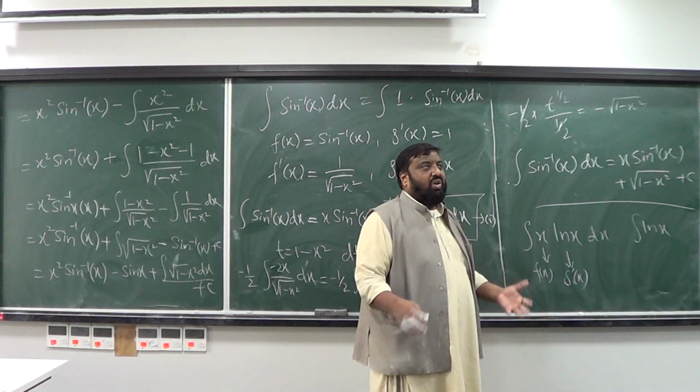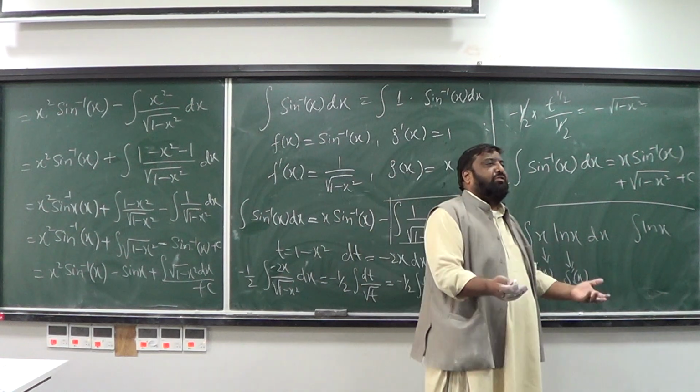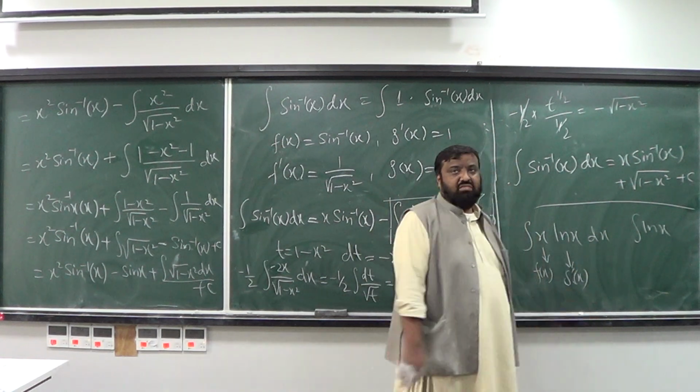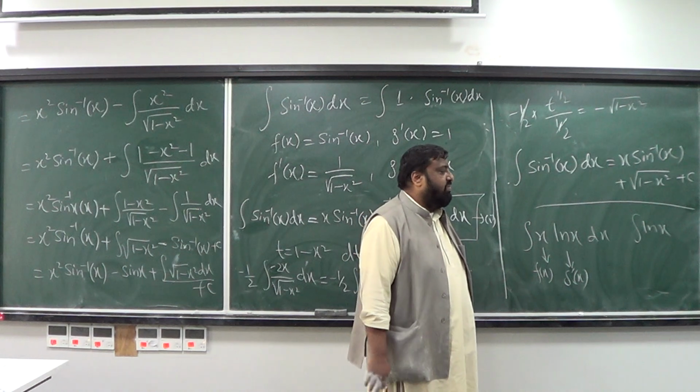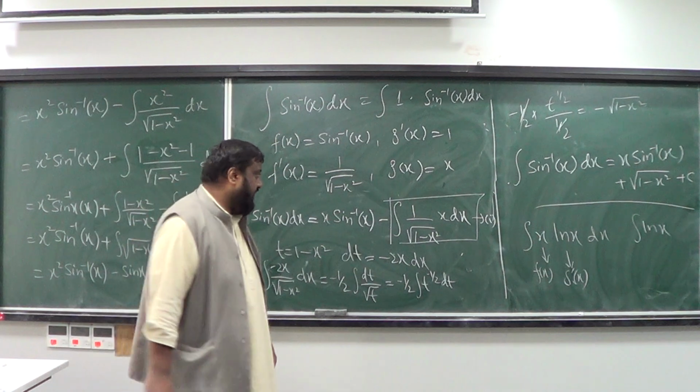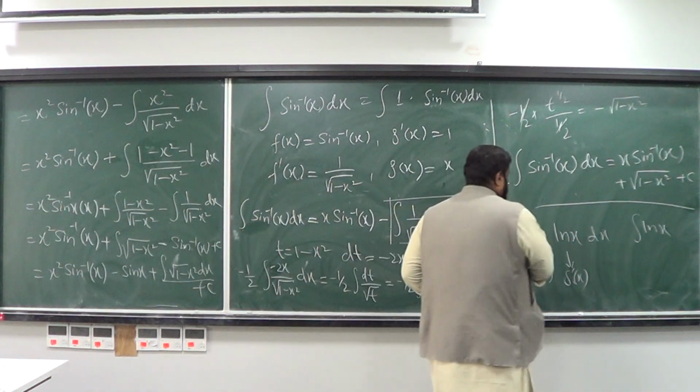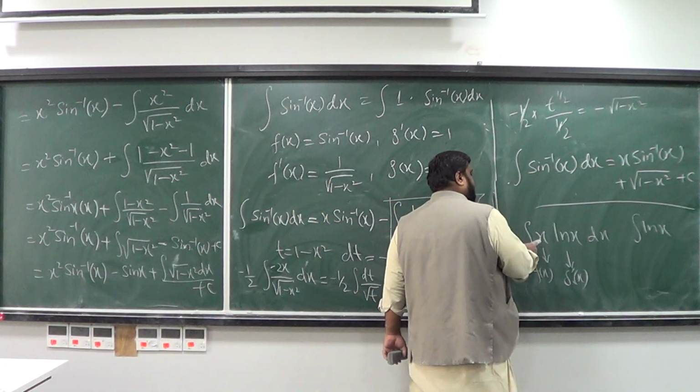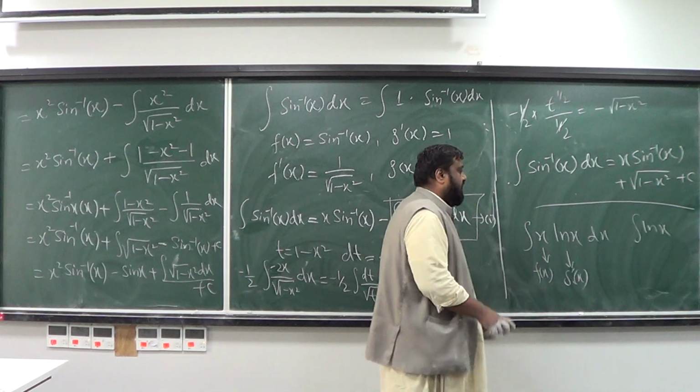In other words, what is a function which, if I differentiate, the result would be log x? So this would be difficult to guess. So the best is to choose this as f of x and this as g prime of x.